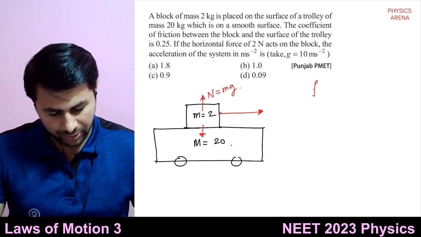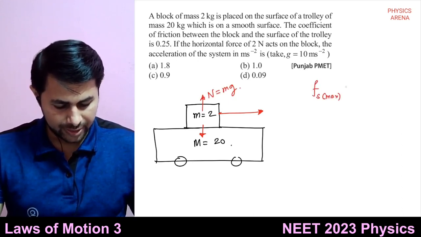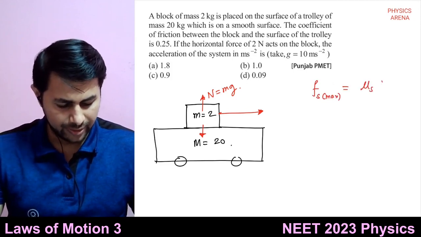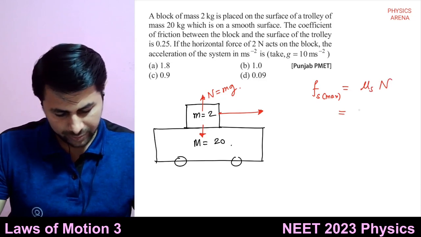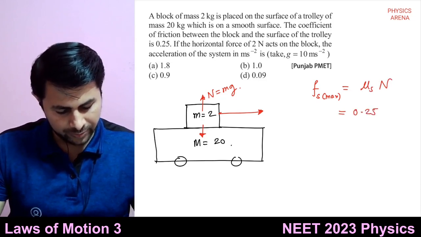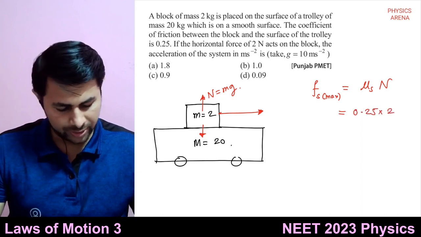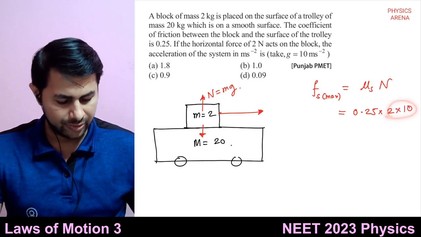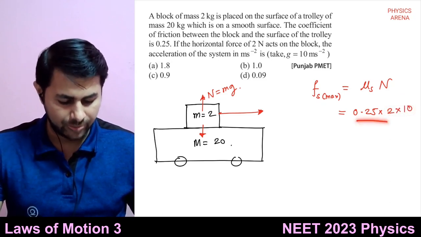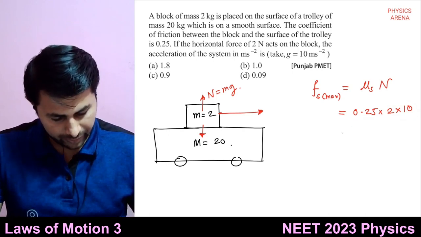So the limiting value of frictional force, Fs max, is equal to mu s multiplied by normal reaction, so mu s multiplied by mg. So mu s is 0.25 and N is equal to mg, which is 2 multiplied by 10. So 2 times 10 is 20. 20 multiplied by 0.25 is how much? 5.